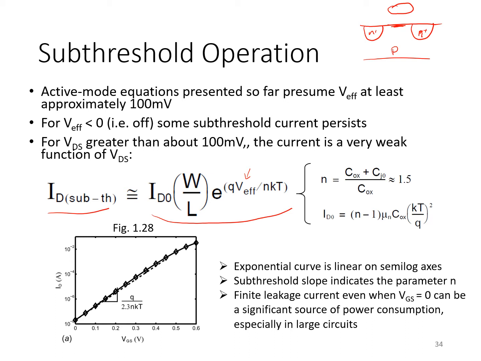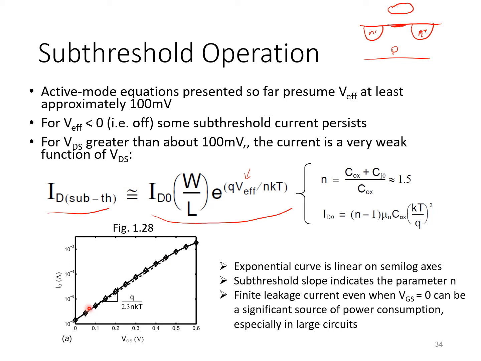Because of this exponential relationship here, if we plot drain current versus V effective or VGS on a semi-log axis, that is, the drain current's on a log scale, but VGS is on a linear scale, then we end up with a straight line here.